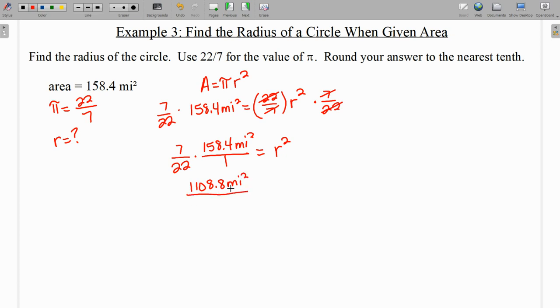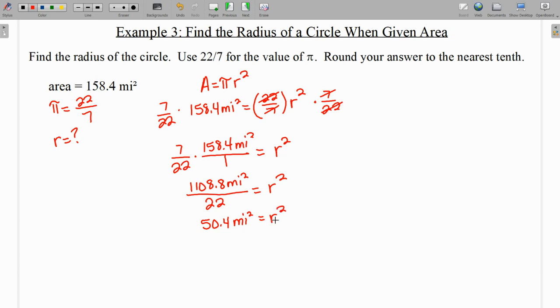And then whenever I take 22 times 1, that's going to give me 22. And that's going to be equal to r squared. Now I need to simplify this down a little bit more. So I'm going to take this 1,108 and 8/10 and divide that by 22, which is going to give me 50 and 4/10 square miles. And that should be equal to r squared.